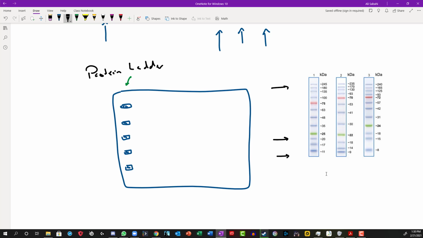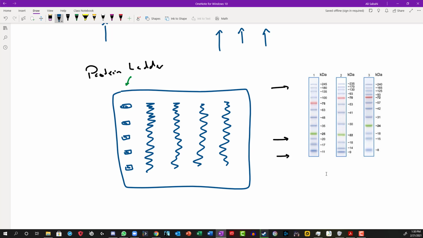So it gives you an idea when you're looking at the protein samples that you ran in the other wells about where the weight distribution is. Of course, again, you have smears because you're just looking at cellular protein. But this is going to be important when we do the actual Western blotting, when we're going to be looking for specific proteins to make sure the specific protein we're looking for is of the right size.